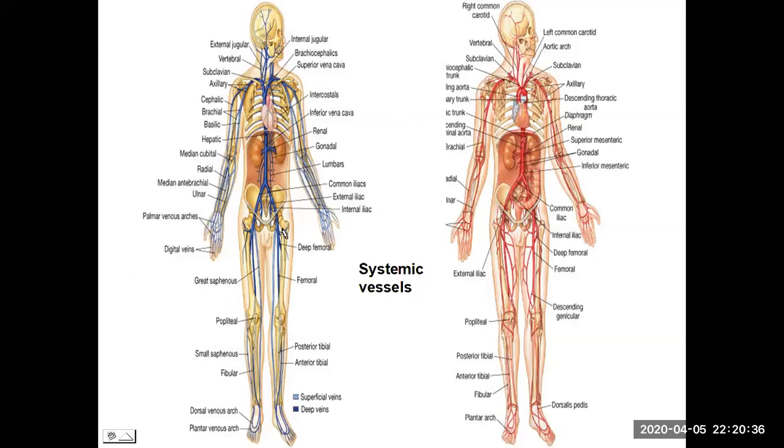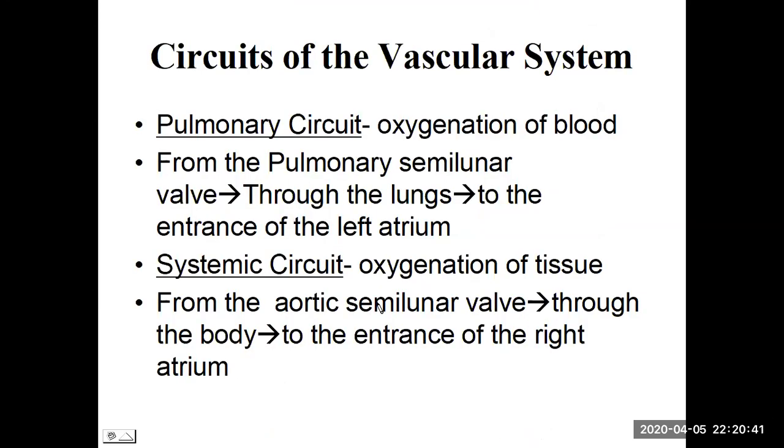And in lab, of course, is where we'll cover the names of the major blood vessels. And we just have a description of the circuits again: a network of arteries, veins, and capillaries. We have the 2 circuits spelled out here. The pulmonary circuit, the purpose is to add oxygen to the blood.